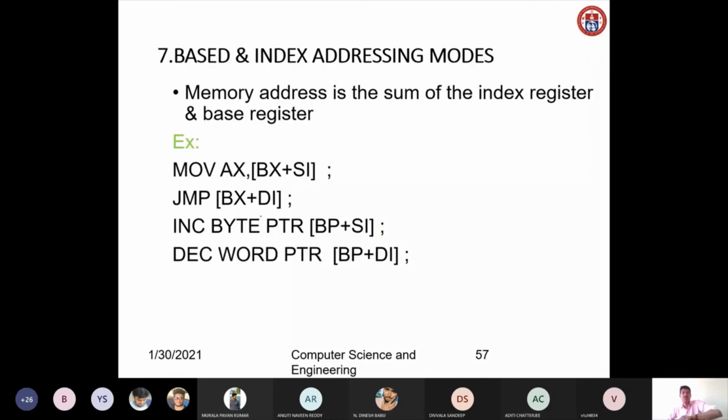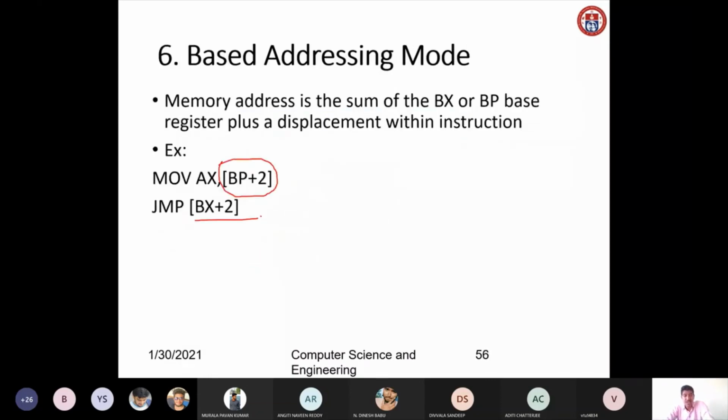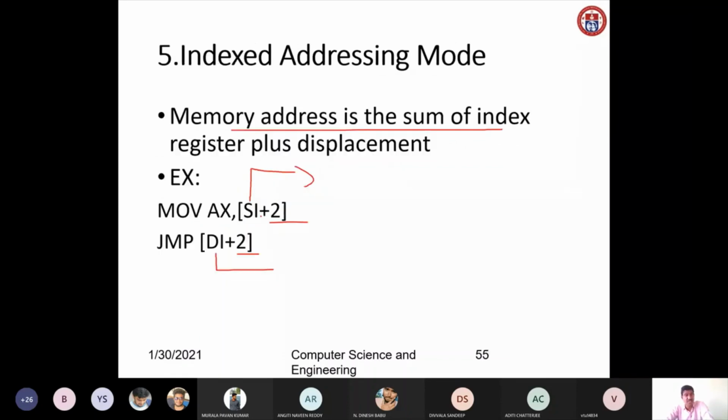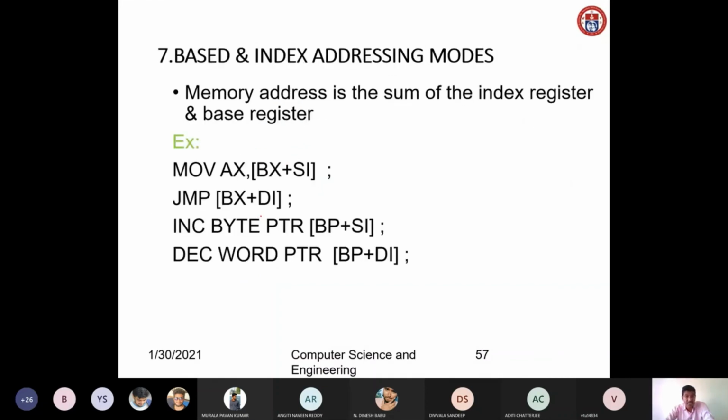And the next one is the based indexed addressing mode. It is a combination of the indexed addressing mode as well as the based addressing mode. Previously we discussed only the indexed addressing mode and the based addressing mode, and based indexed addressing mode is a combination of both.